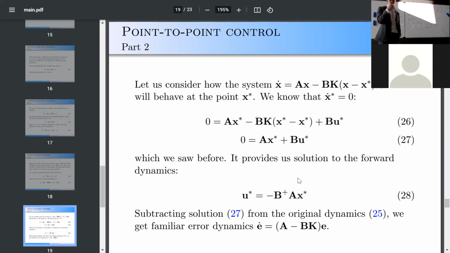So, yes? But why have zero residual? If the residual is not 0 in equation 28, then it means that the point to which we want the system to converge cannot be made into a fixed point, so we cannot really stabilize it.